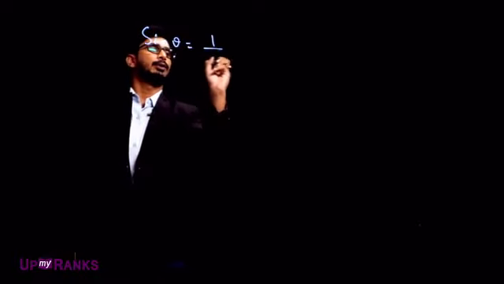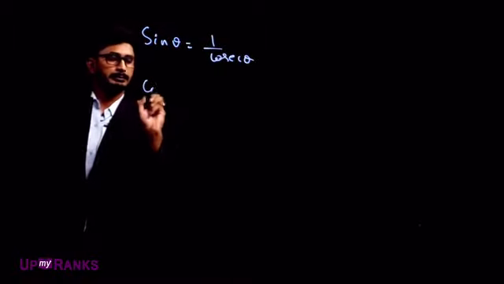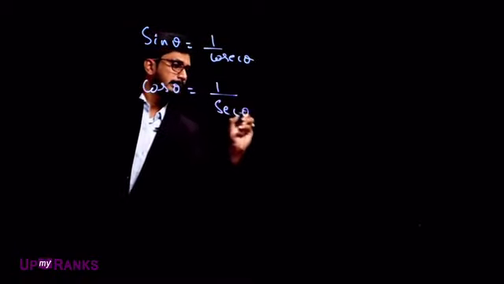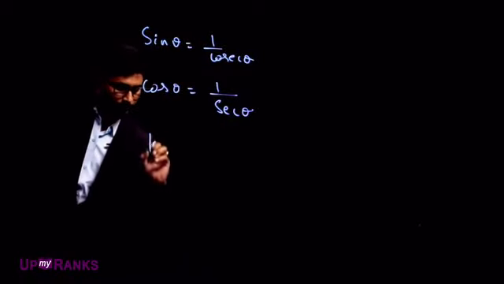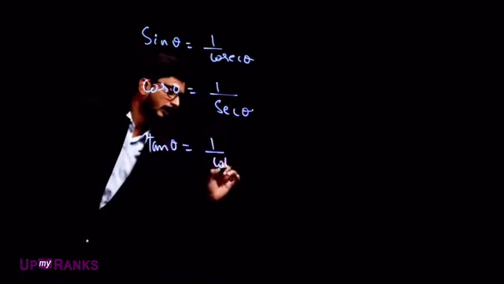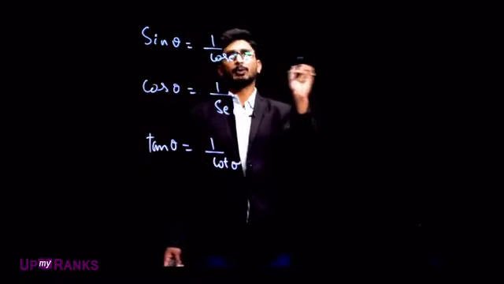Sin theta is equal to 1 by cosecant theta, cos theta is equal to 1 by secant theta, tan theta is equal to 1 over cot theta. These are the reciprocals which I am writing.